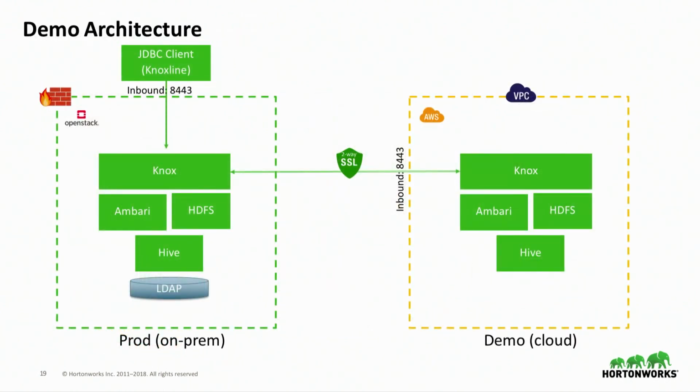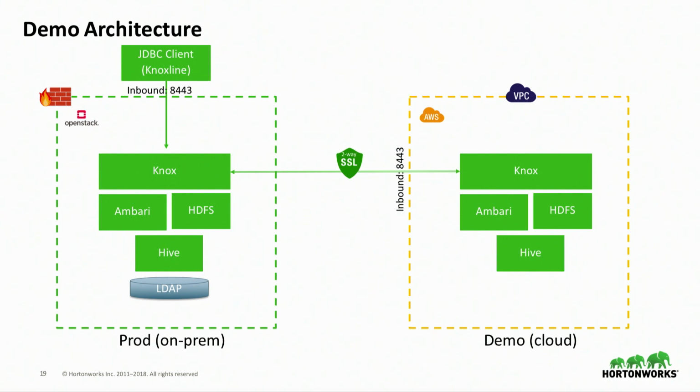This is the demo architecture that I'm using. I have 2 Hadoop clusters. One is installed on OpenStack, which is an on-prem production cluster where my production data is housed. And I have the demo cloud cluster, which is in AWS, and that's where my QE demo data will be housed.